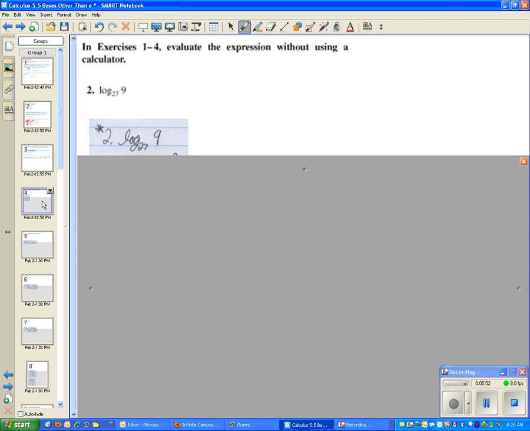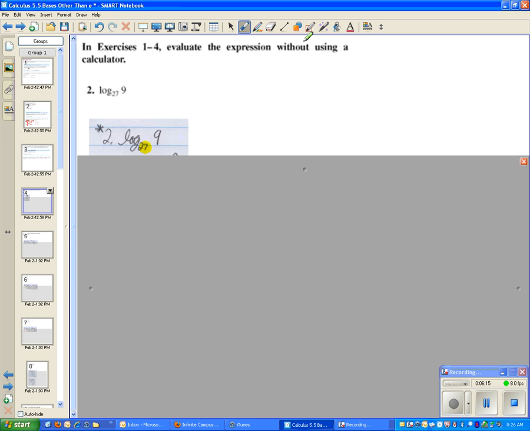So for number 2, we have the logarithm of 9 to the base 27, or log base 27 of 9. Can you write 27 with a base of 9? Nope, I said that backwards. Can you write 9 with a base of 27? The base is 27.